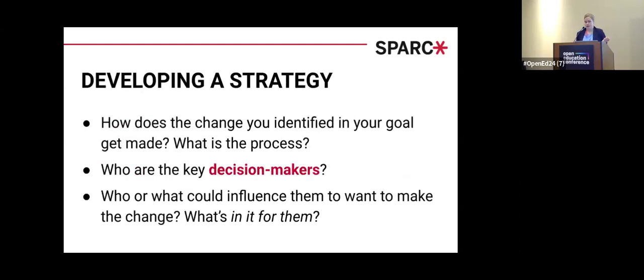When you're developing a strategy, you want to identify how the change that you identified in your goal gets made and what the process is for doing so. Say my goal is to establish an institutional OER grant program. I need to find out exactly how that might happen. There might be multiple ways.